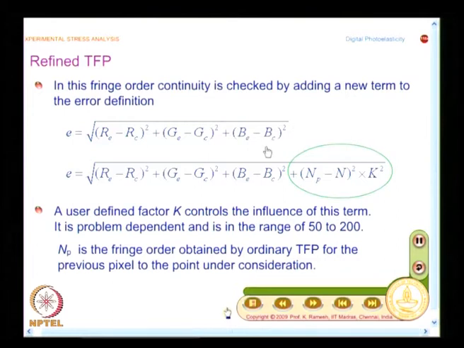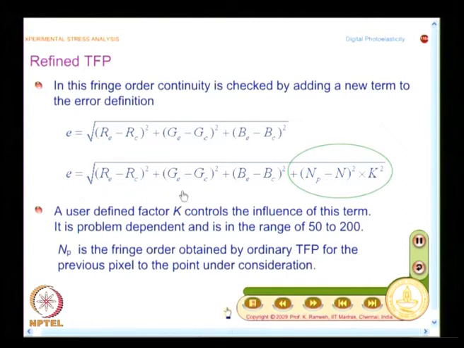In the refined TFP, I have an additional term where P is the neighborhood fringe order, and I bring in a fringe order continuity term in my error identification.